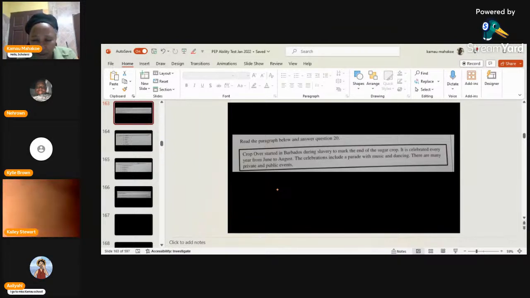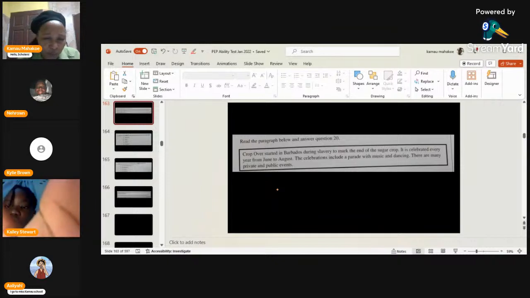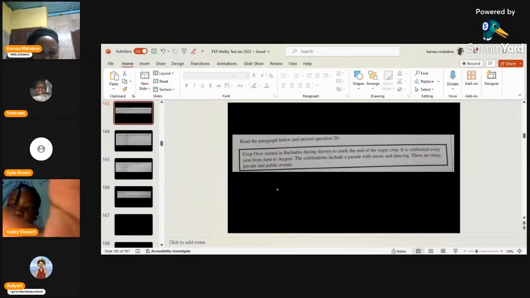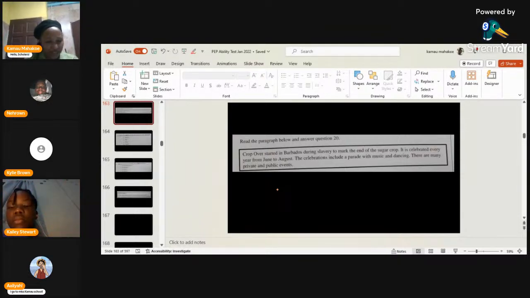Do you disagree? So it says Crop Over started in Barbados during slavery to mark the end of the sugar crop. It is celebrated every year from June to August. The celebration includes a parade with music and dancing, and there are many private and public events.